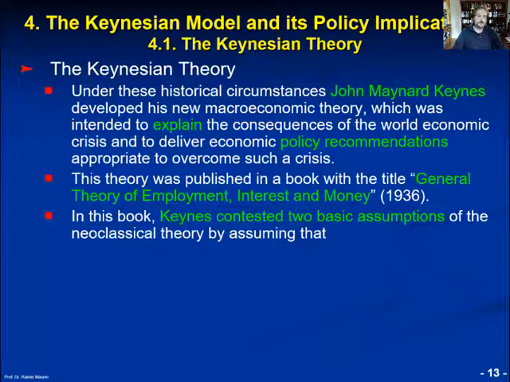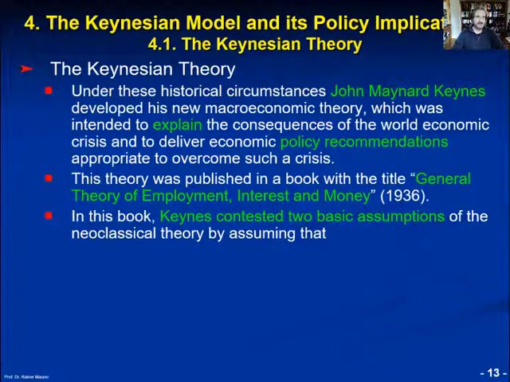Under these historical circumstances, the English economist John Maynard Keynes developed his new macroeconomic theory, which was intended to explain the consequences of the world economic crisis and to deliver economic policy recommendations appropriate to overcome such a crisis. This theory was published in a book with the title General Theory of Employment, Interest and Money.